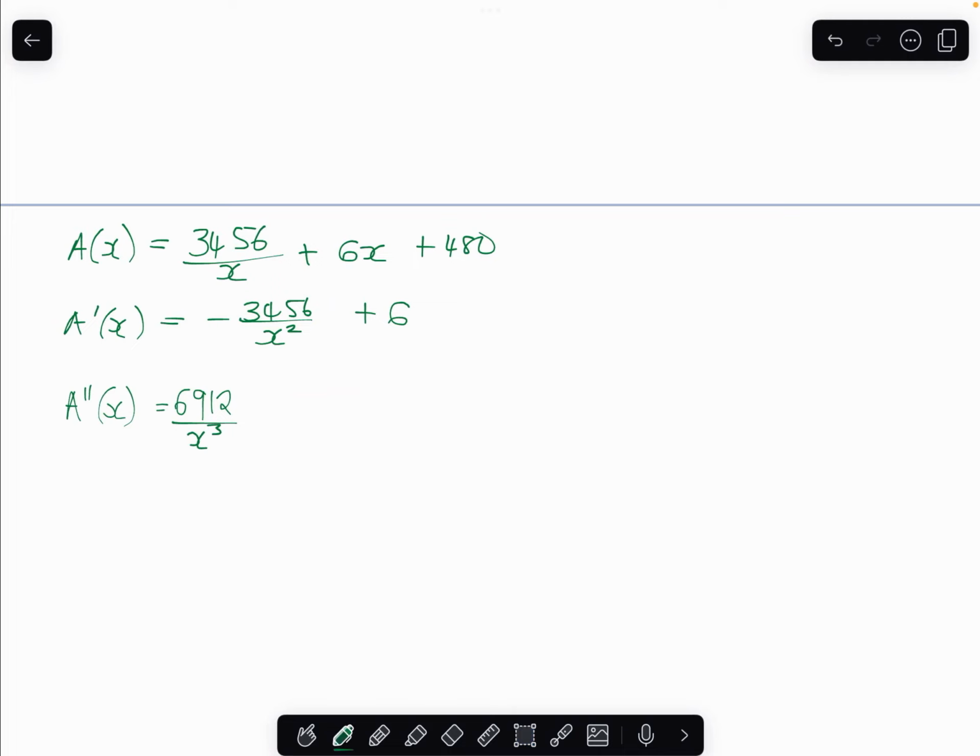The first thing I wanted to do was to figure out the x-intercepts, which is where this function is equal to 0. So we are solving this equation.